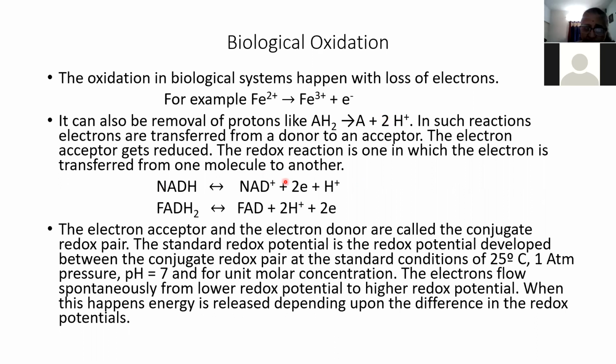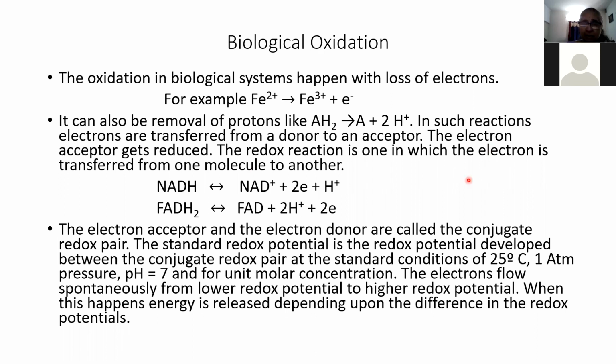So the one which can donate an electron and the other which can accept an electron are called conjugate redox pairs. The electron acceptor and the electron donor form pairs which are called conjugate redox pairs. When you have such redox pairs, a redox potential is developed because of these redox pairs.